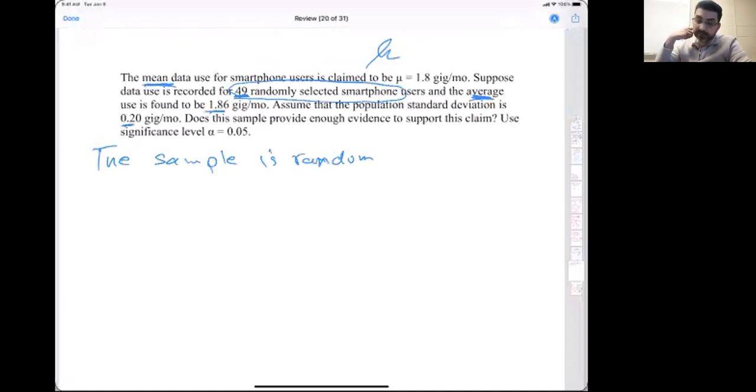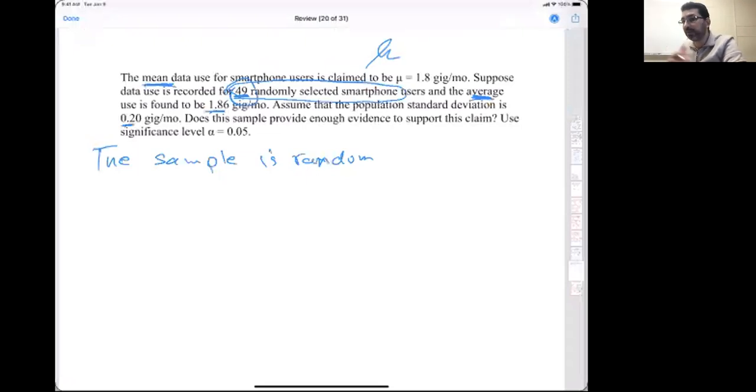Is the sampling distribution of the sample mean normally distributed or not? Let us look at any information about the population. No, nothing about the shape of the population, but we have a sample size 49, greater than 30 observations.